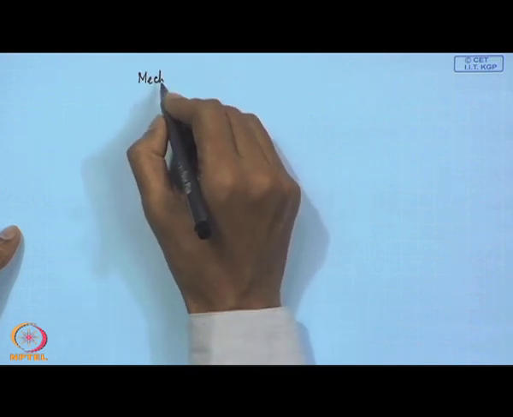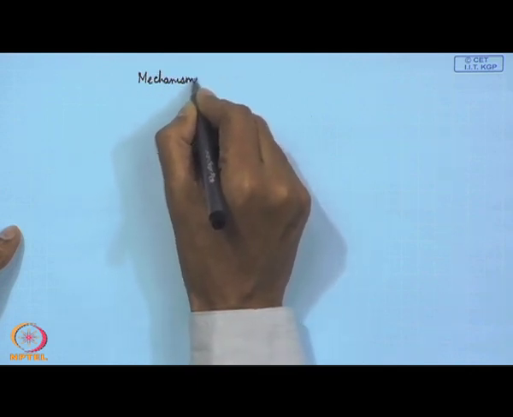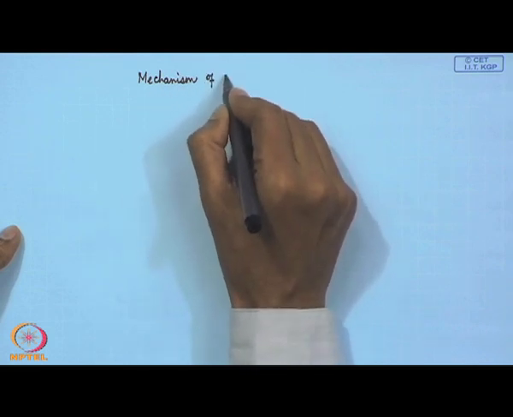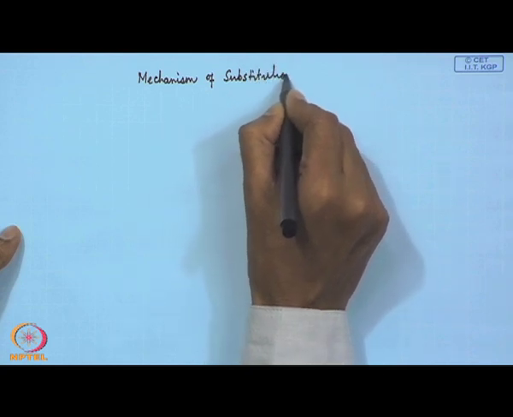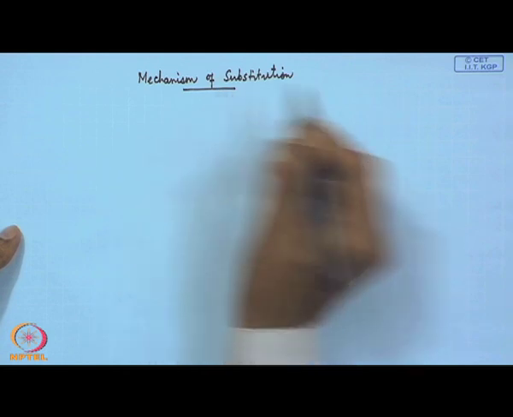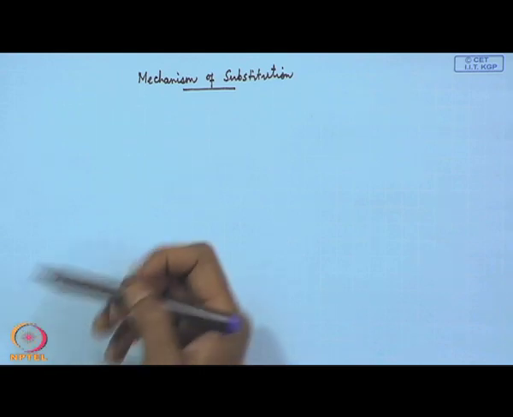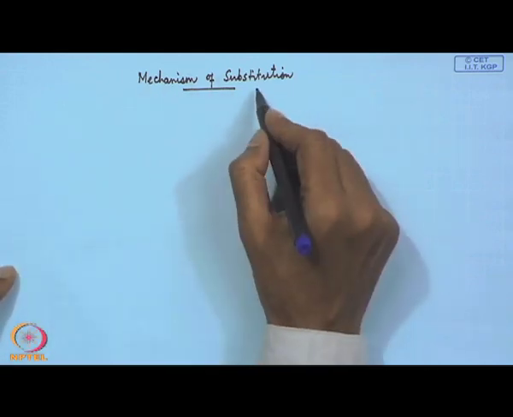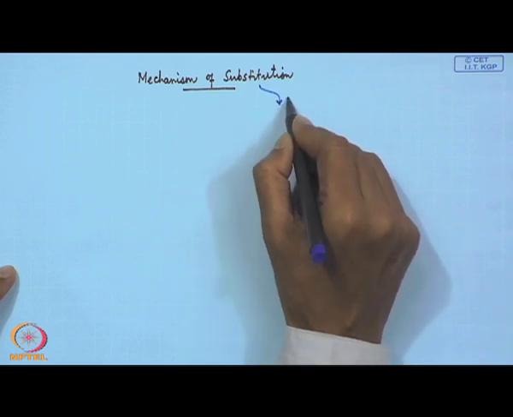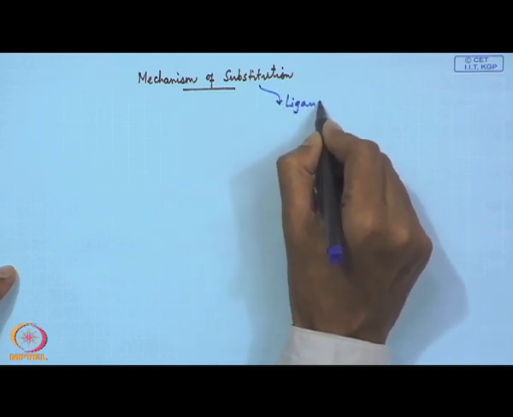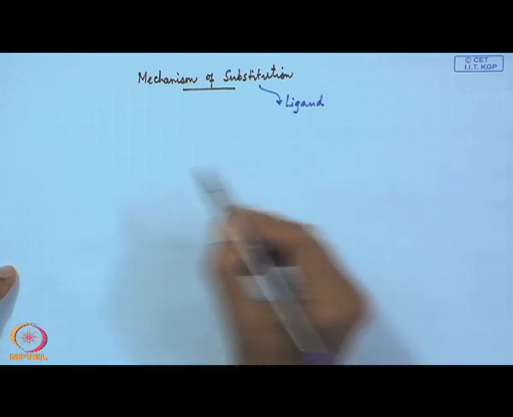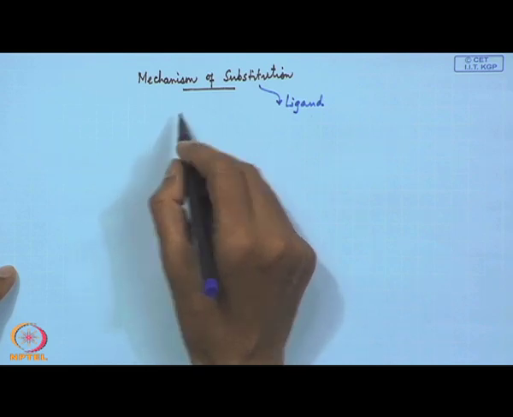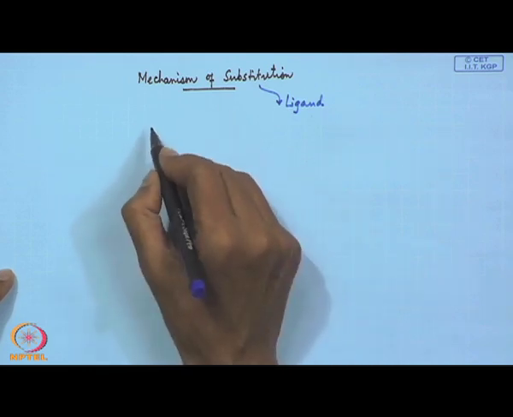So, if we have the mechanism of substitution and we are talking about some of these ligands, the ligands will come. You can consider it as ligand substitution reactions around the metal center, and when we add the stoichiometric amount of metal and the ligand, we have the stoichiometric mechanism.